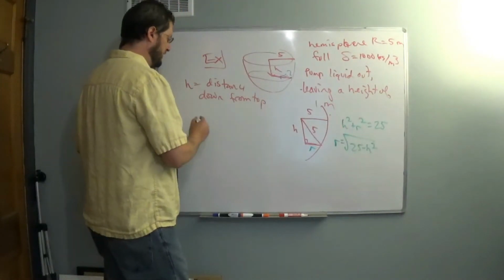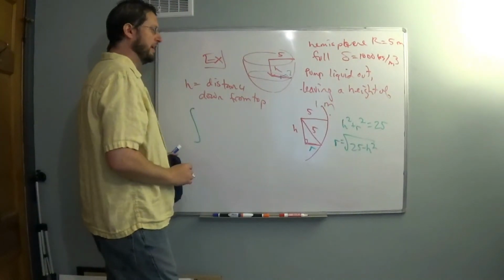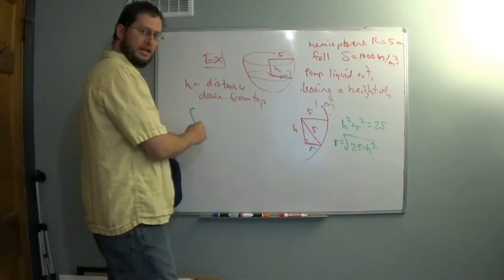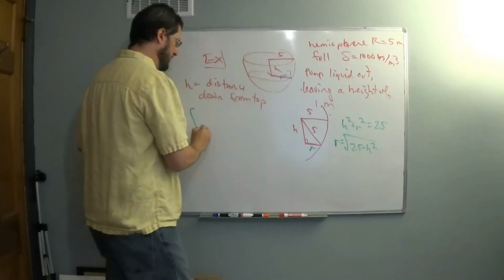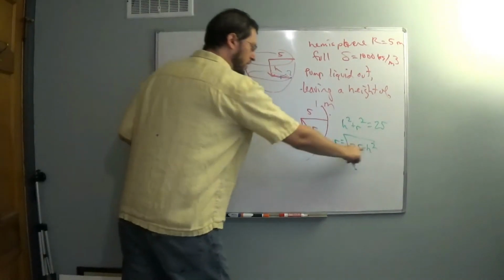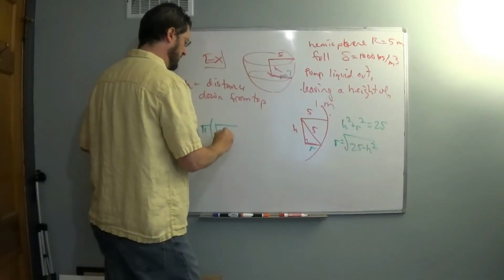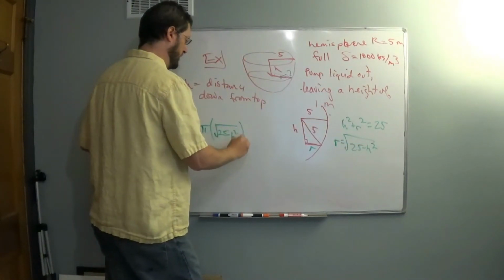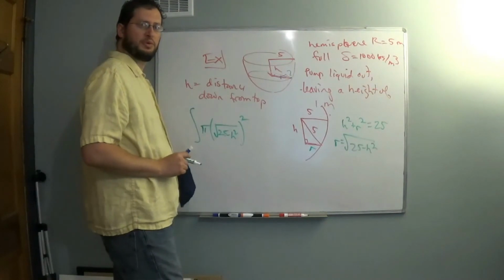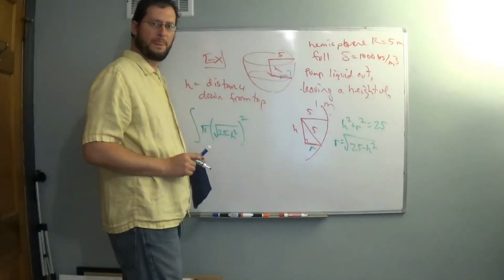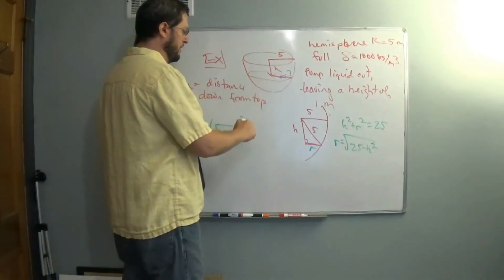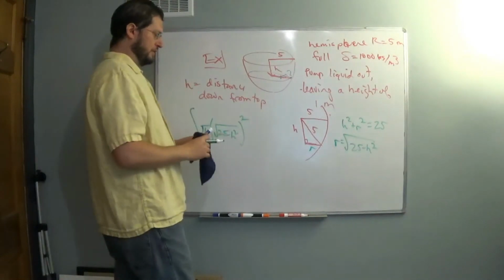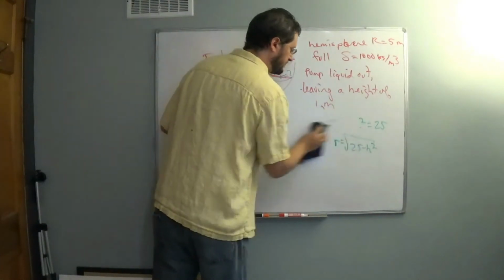So that's my radius, which means that my integral will be the area, which is pi r squared, pi times r squared, which is root 25 minus h squared, squared. It's pi r squared, that's the area of the slice. Then multiplied by dh, which we'll put at the very end as before.